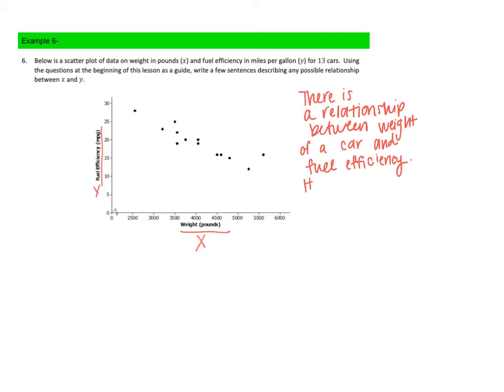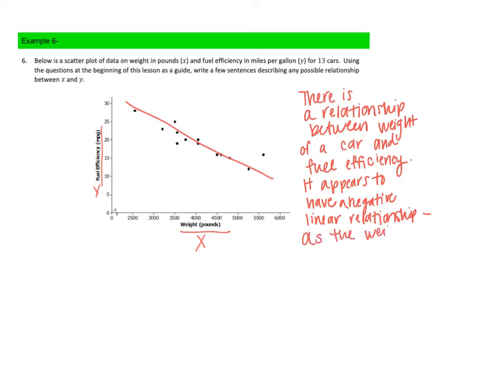It appears to be linear. Let's go ahead and say it appears to have a negative linear relationship, basically saying that as the weight increases, the fuel efficiency decreases.